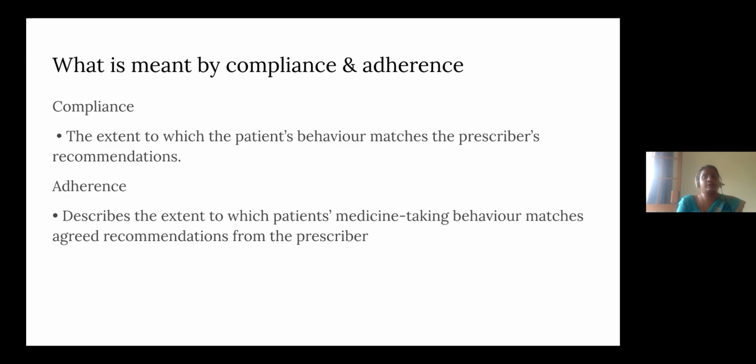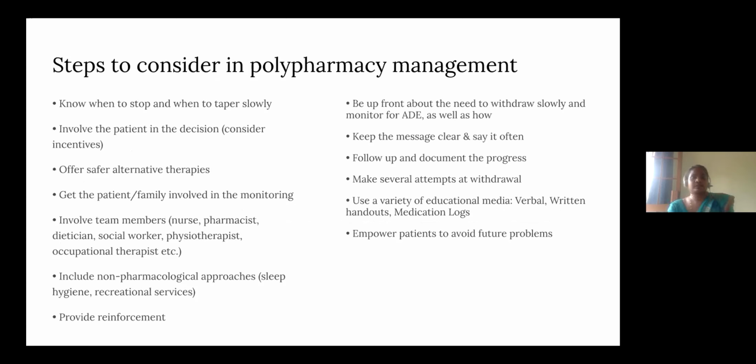The extent to which the patient's behavior matches the prescriber's recommendations is compliance. Adherence describes the extent to which the patient's medicine-taking behavior matches agreed recommendations from the prescriber. So we have to assess the patient's adherence in each encounter, and we must empower the patient to adhere, and if there are any barriers, we must address them then and there.